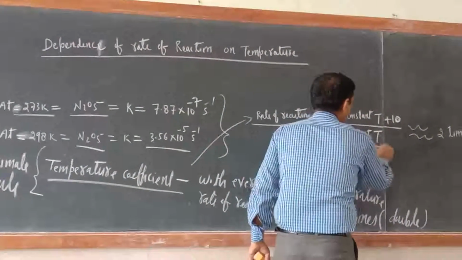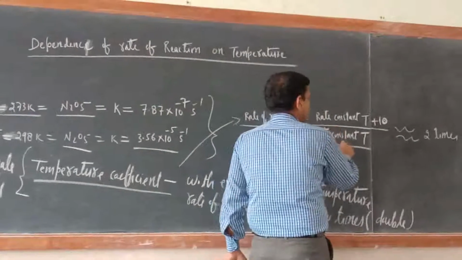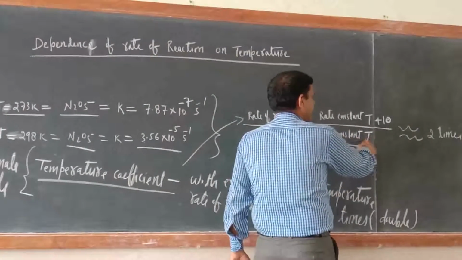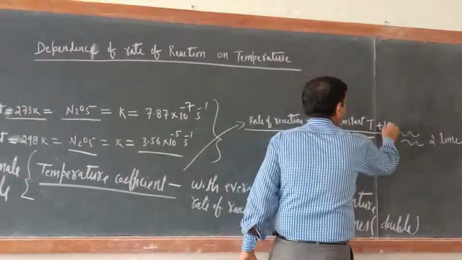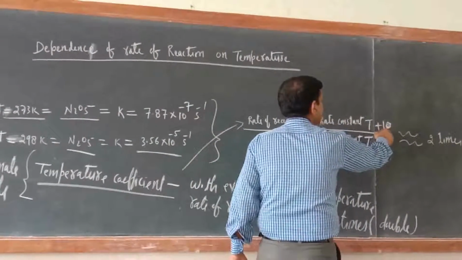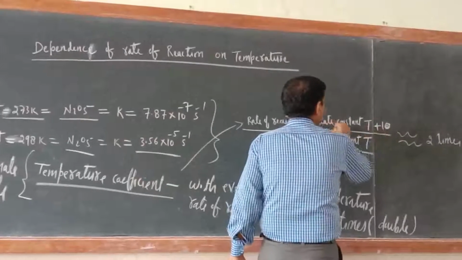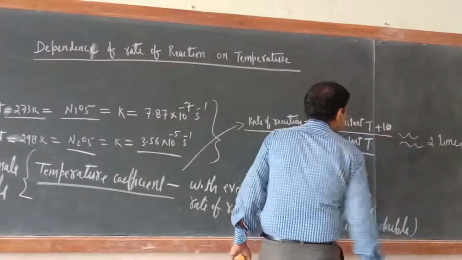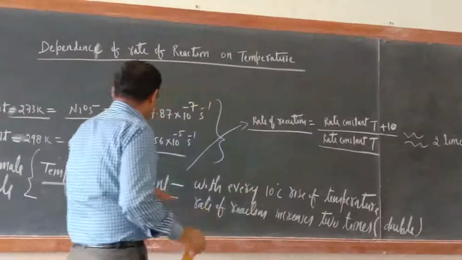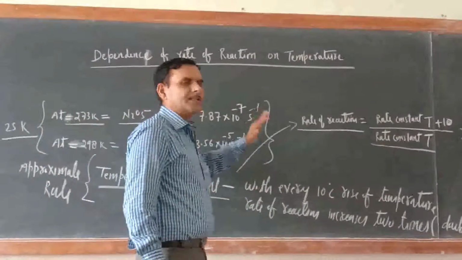Earlier when you started the reaction, that temperature was T Kelvin, capital T means absolute temperature. And now when you are increasing the temperature by 10 degrees Celsius or 10 Kelvin, the rate constant value increases 2 times.